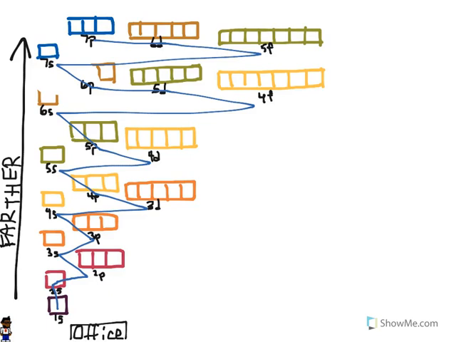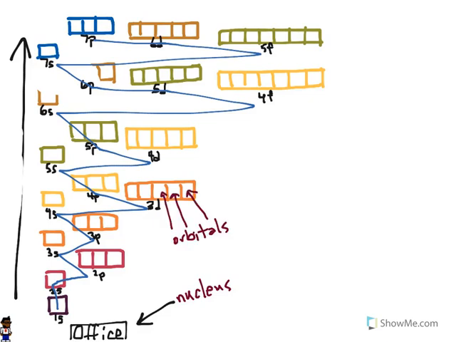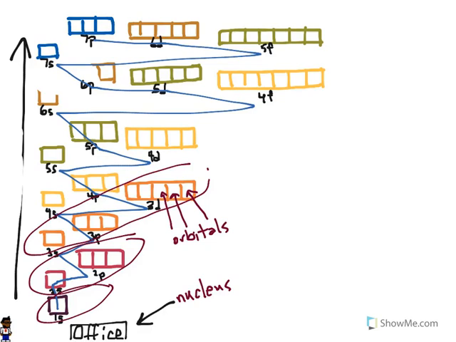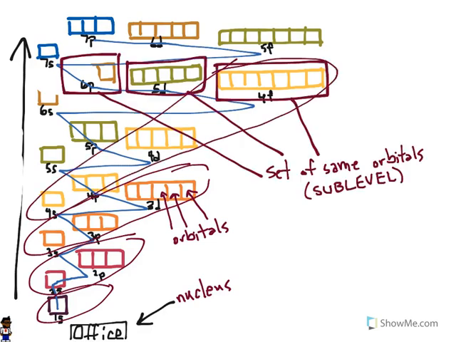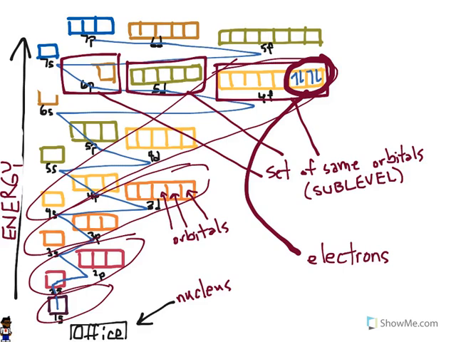Alright, analogy over. The office is a nucleus. Each apartment in an apartment building is an orbital. Apartment buildings of the same color represent energy levels, or regions in space where we're likely to find an electron moving. Every apartment building is a set of the same orbitals, called a sublevel, and the people that are found in the apartment buildings are really electrons.